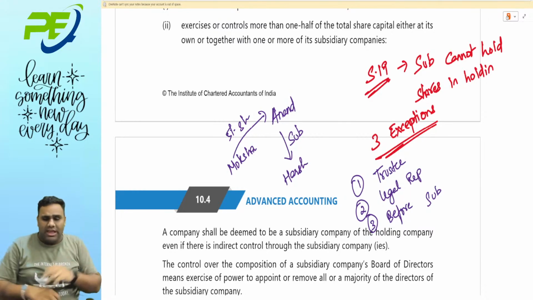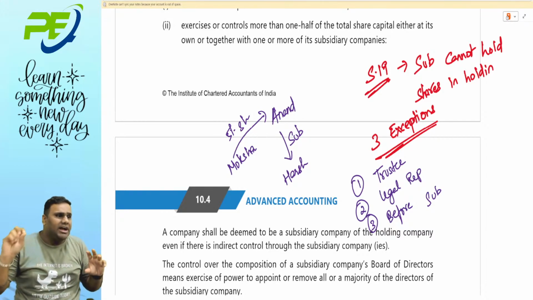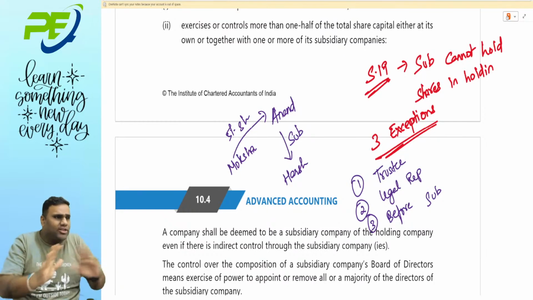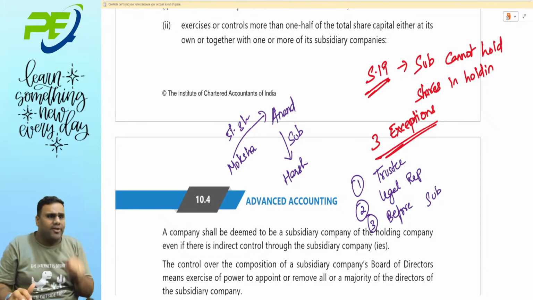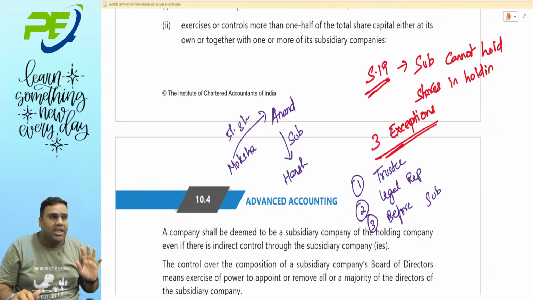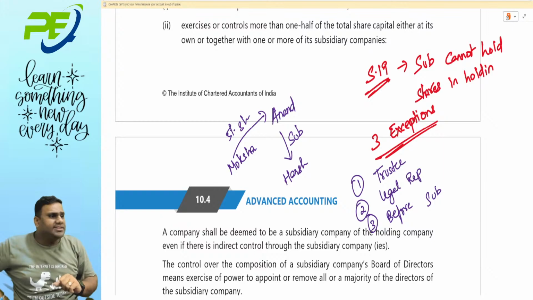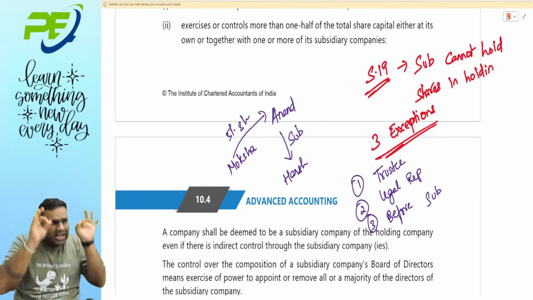So this was an example for legal representative. The subsidiary is not the shareholder, but by way of some legal provision, by some deed, by some gift, they got the shares from someone. Now, can Harsh Limited reject? The answer is no, because what is written in the deed will happen.